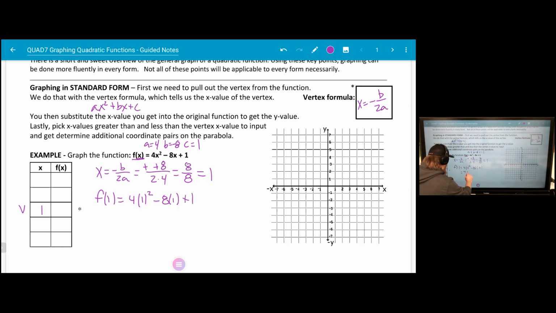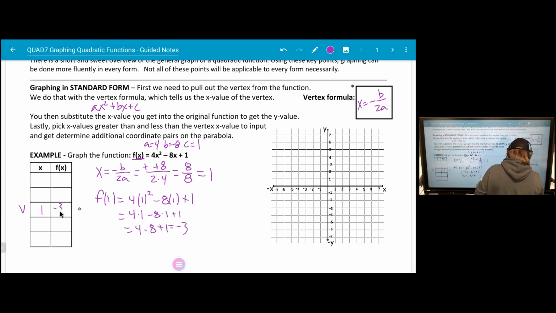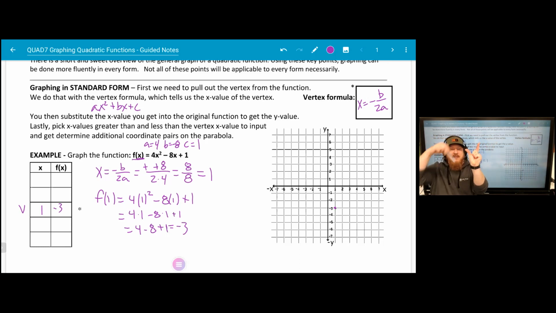So this is 4 times 1 minus 8 times 1 plus 1, which is 4 minus 8 plus 1, which gives us -3. 4 minus 8 is -4, plus 1 is -3. Our vertex is 1, -3. And because a is positive, it's +4, we know it's going to open up. That point we just found is the bottom of the parabola, our minimum.